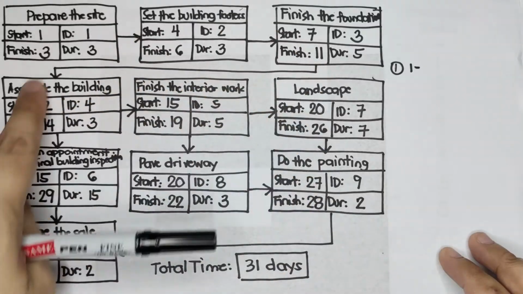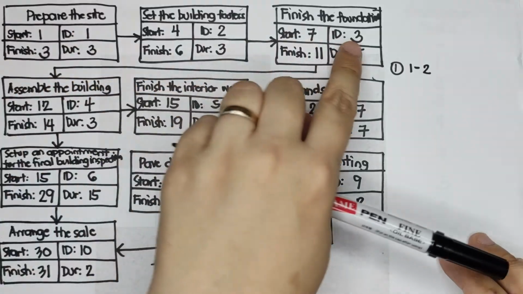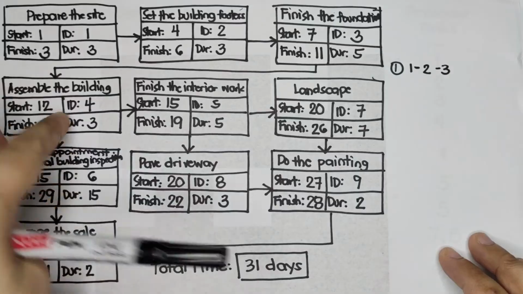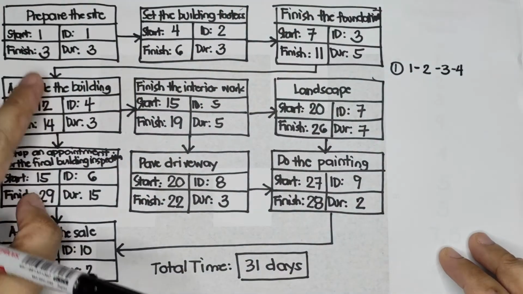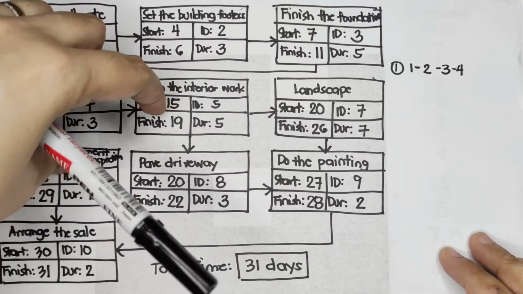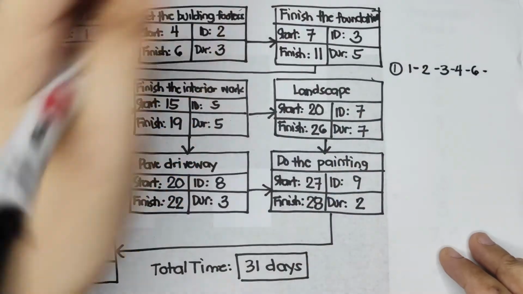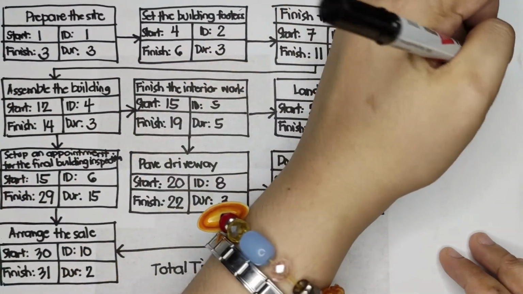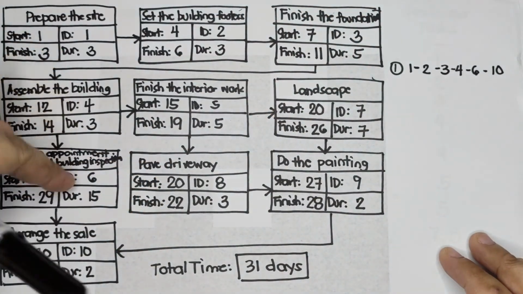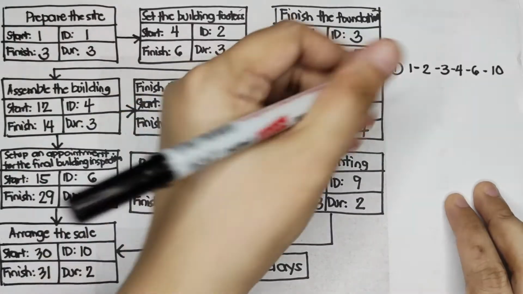We have to traverse the PERT CPM chart. So, we have 2, then 3, and then 4. Since 4 has 2 branches, we can select one first. So, we have 4, then 6, and then 10. So, 1, 2, 3, 4, 6, and 10. That is the first path that we identified.